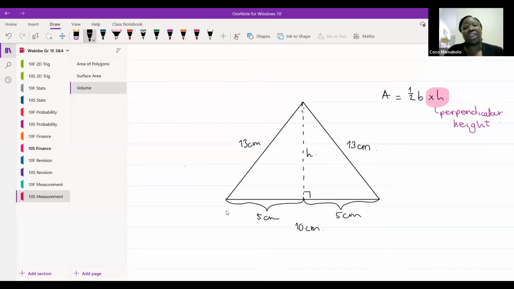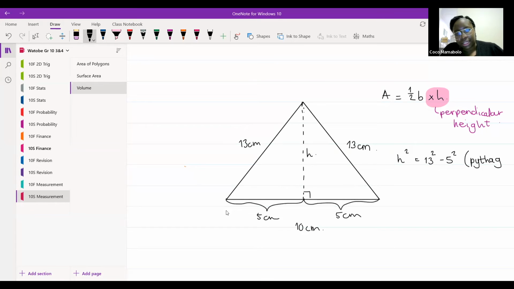Okay, so we're going to use Pythag to figure out the perpendicular height. I know that my H squared is equal to 13 squared minus 5 squared. And now I need to remember, guys, because Pythagoras is part of our geometry, we need to put in brackets over here the reason that we're using this.